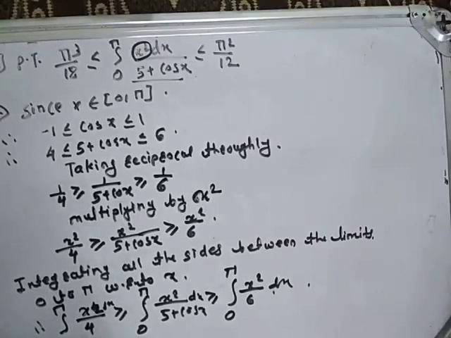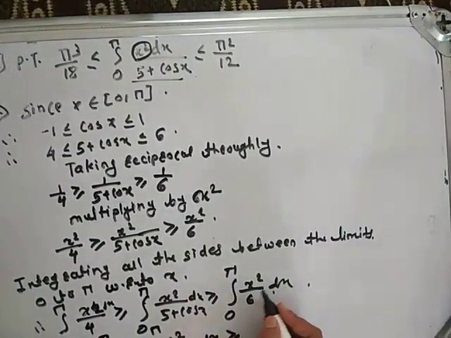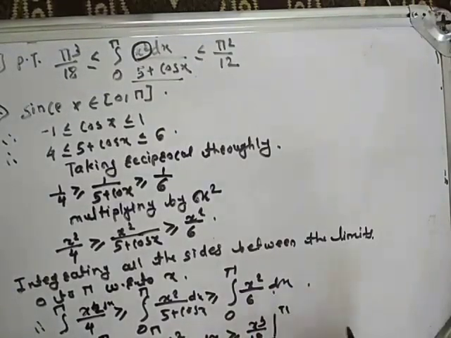Integrating, 1 by 4 is constant, and integration of x square is x cube upon 3; 3 into 4 is 12. Limits from 0 to pi, which is greater than or equal to integration from 0 to pi x square upon 5 plus cos x dx, kept as it is, which is greater than or equal to x cube upon 18 from 0 to pi.